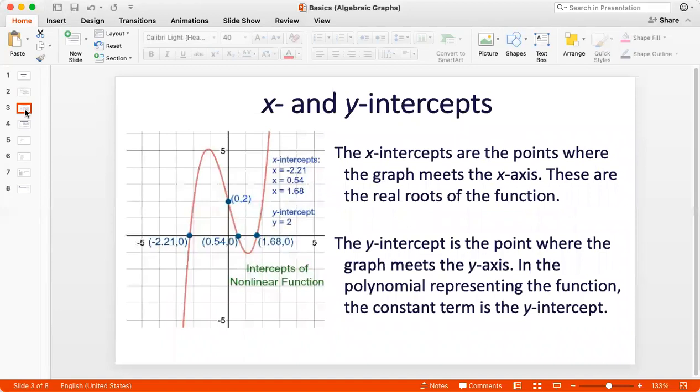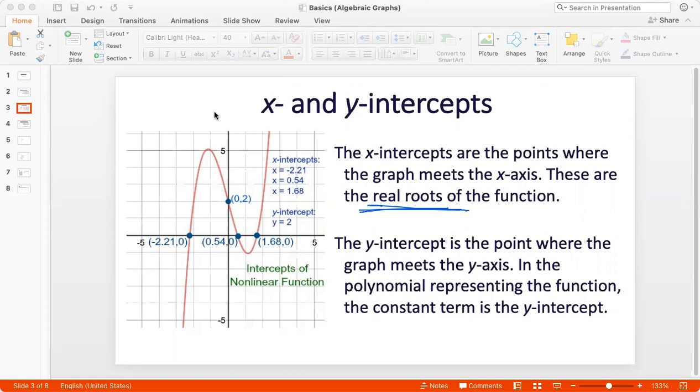So I have another function here, and this function has x-intercepts at -2.21, 0.54, and 1.68, right? Because it meets the axis at these 3 points, these 3 points are known as the real roots of the function. The real roots of the function are the points where the graph meets the x-axis.